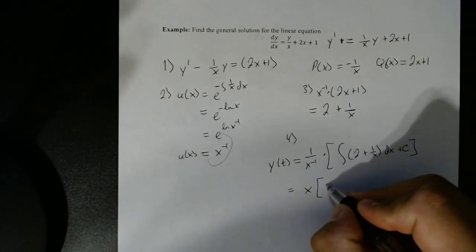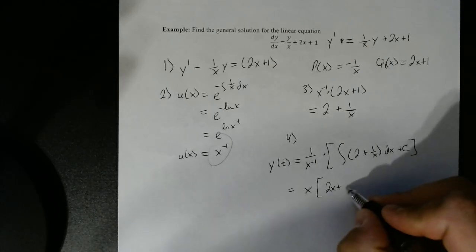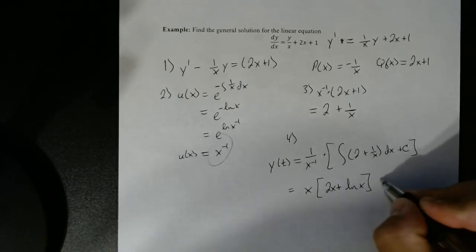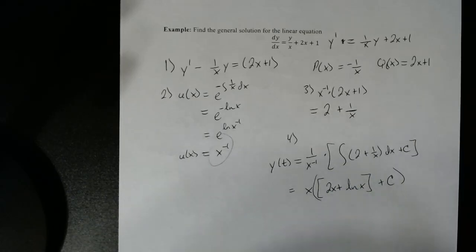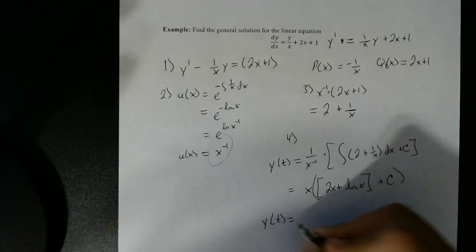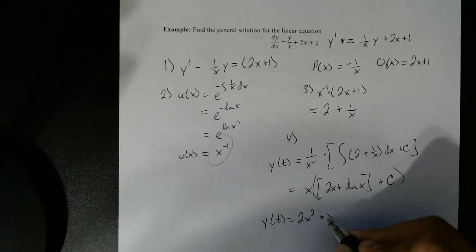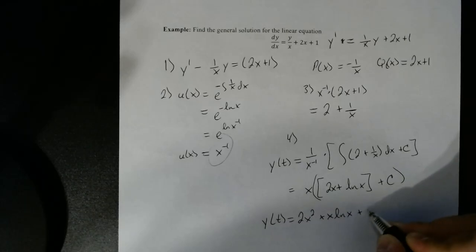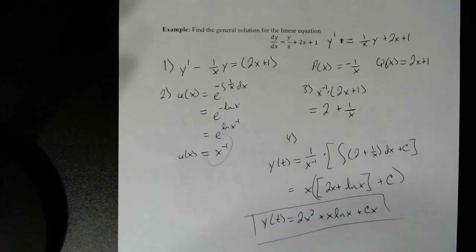This integral becomes 2x plus ln of x plus c. And then I just distribute the x. And there we go. We got what we wanted.